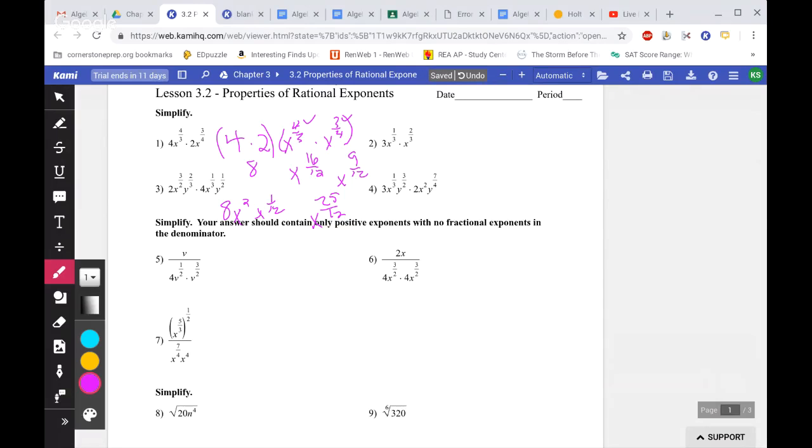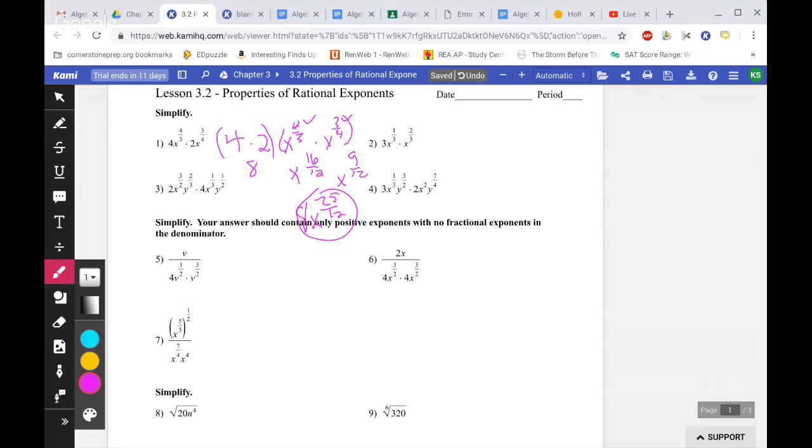You're just better off leaving it like that, instead of having two variables. So your final answer is 8x to the 25/12.